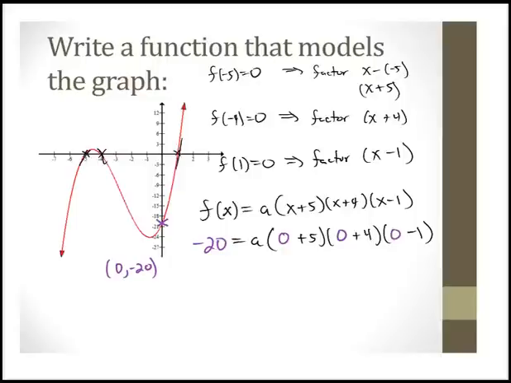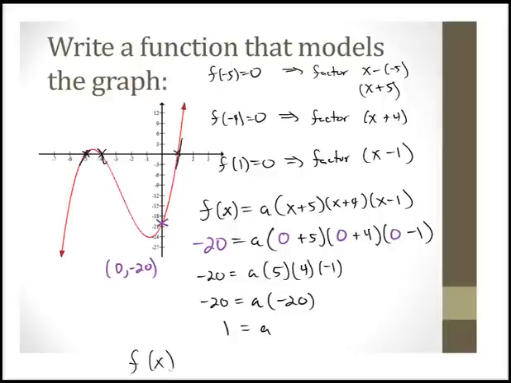So -20 is a times 5 times 4 times -1. -20 equals a times -20, and so a equals 1, which is positive, reasonable. So I can revise and say that I expect this function to be just (x plus 5)(x plus 4)(x minus 1).